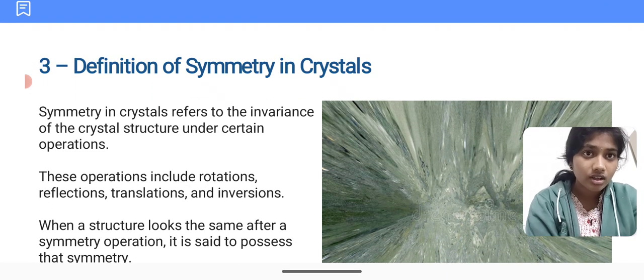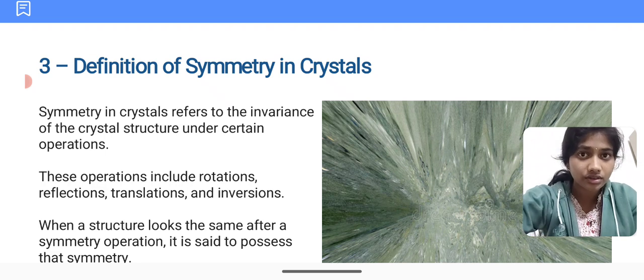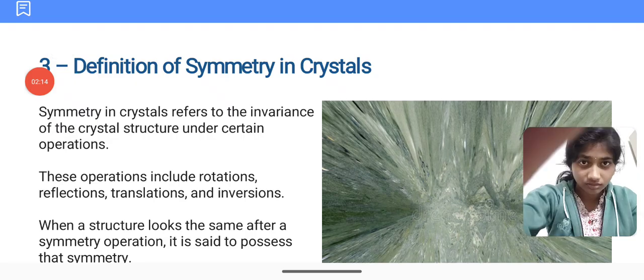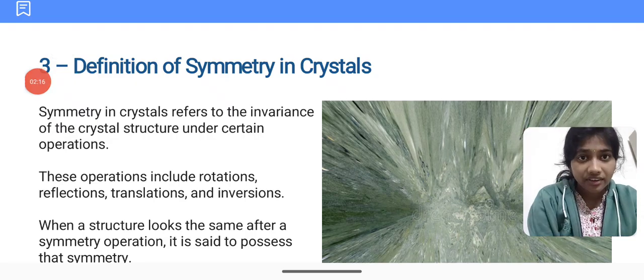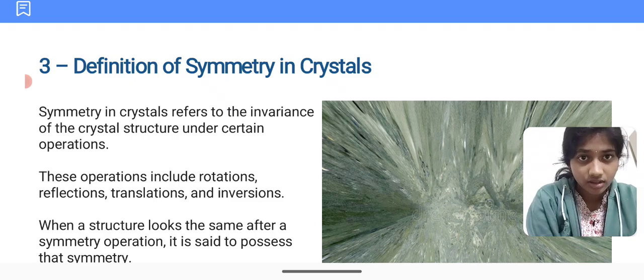Definition of symmetry in crystal. Symmetry in crystals refers to the invariance of crystal structure under certain operations.